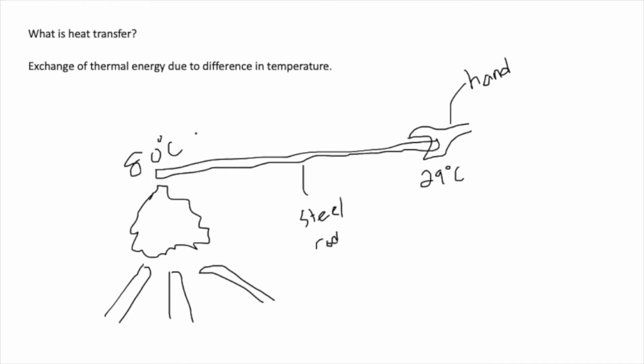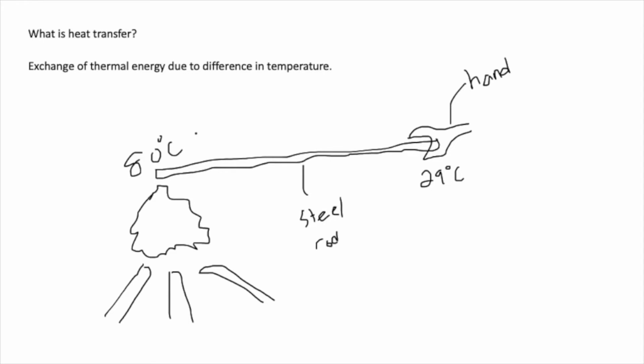Okay, now here we have the conditions that allow heat to transfer. We have two different thermal energies at different positions, and we also have a temperature difference. So basically, you know what's gonna happen, right?